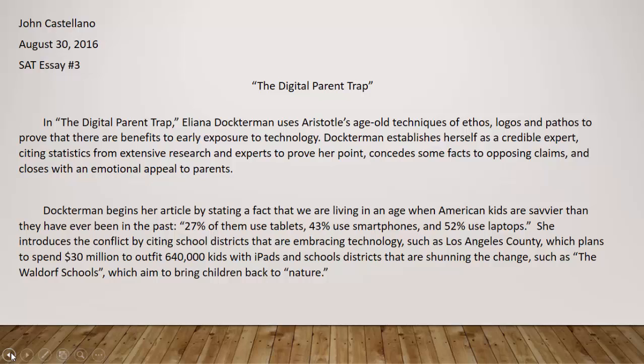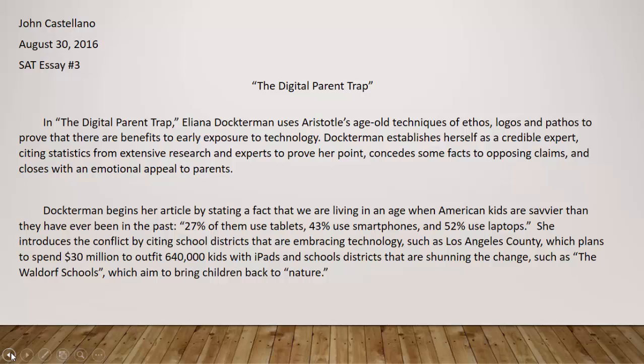She introduces the conflict by citing school districts that are embracing technology, such as Los Angeles County, which plans to spend $30 million, blah, blah, blah. Notice, I used the quote one time and I just paraphrased it the other time. And then I mentioned the Waldorf schools, which aim to bring children back to nature. Okay? That's my point. She uses research.